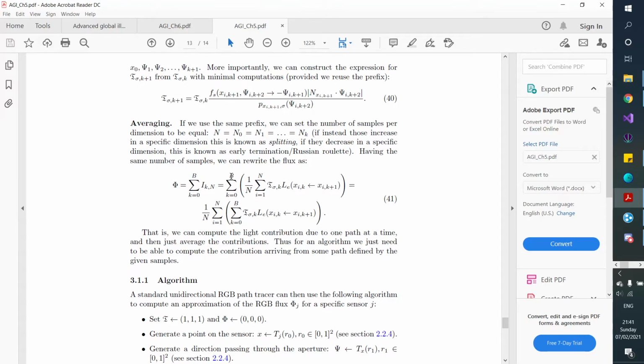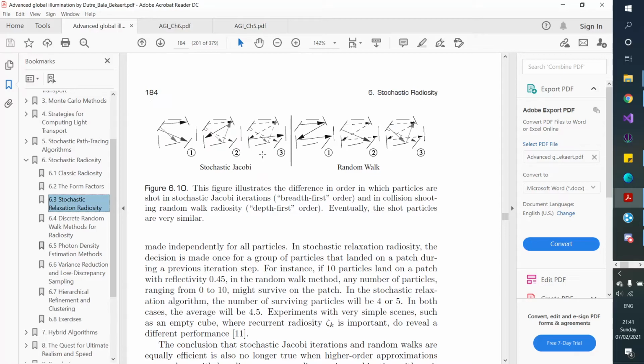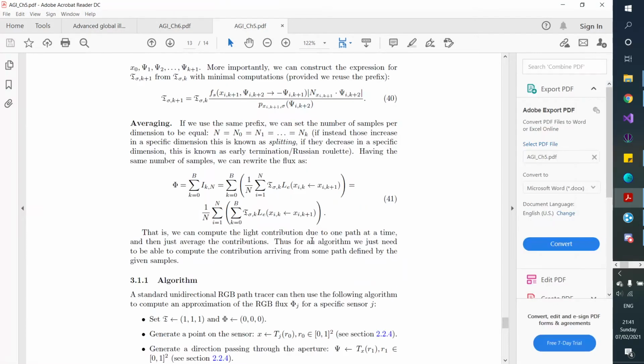You could sum over bounces and average in each dimension, or you could compute the whole path and then average over the paths. Well, this is the difference between stochastic Jacobi and random walk. Stochastic Jacobi is doing the average per dimension, then computing the next average for the next dimension, then the next average for the next dimension. So it's breadth first search.